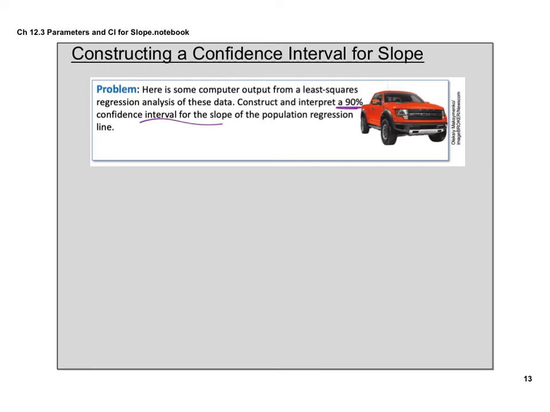All right, we start with state. We've got state, plan, do, conclude. Here we go. 90%. We're doing a confidence interval here. So 90% CI. And yes, you can abbreviate that for parameter.